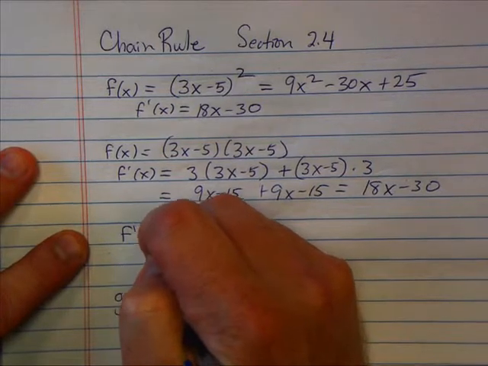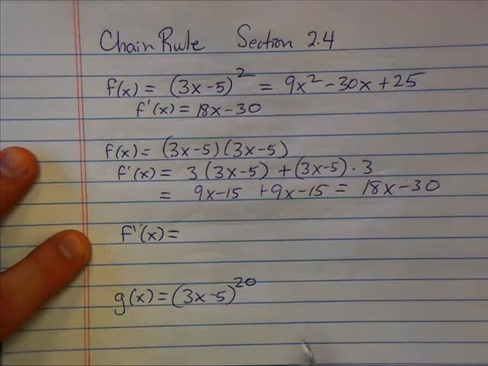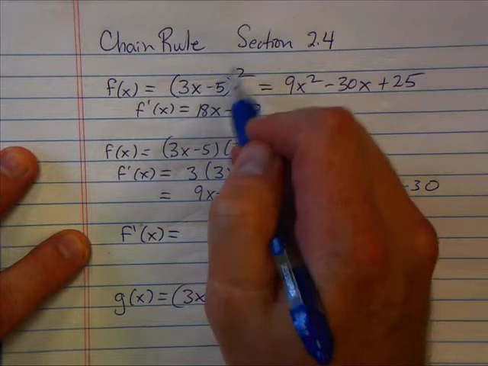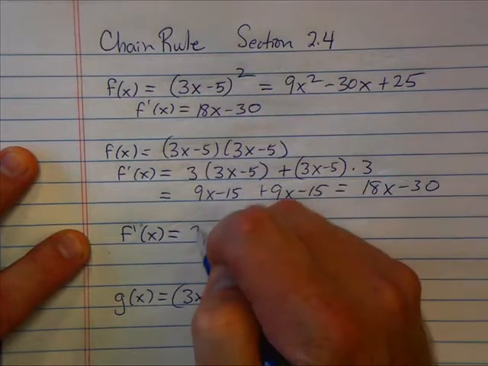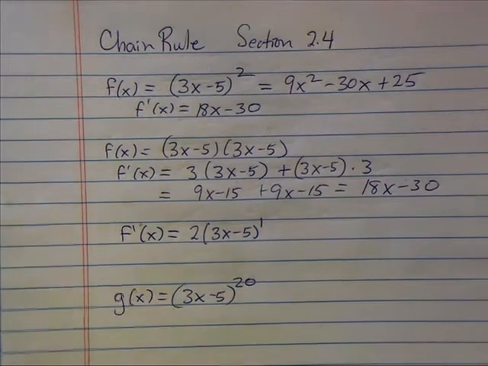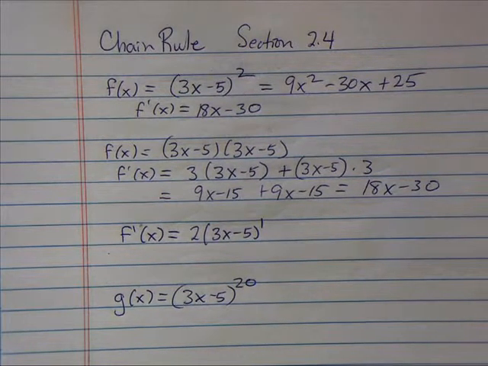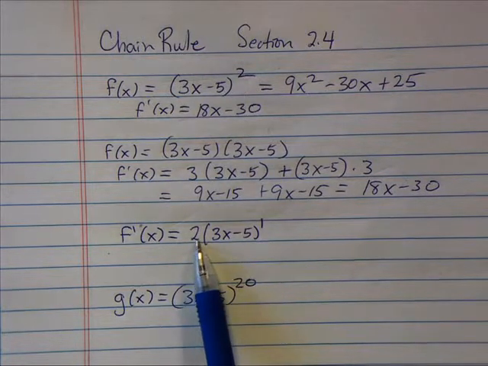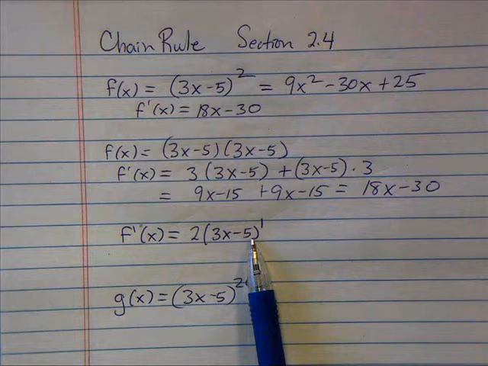What you're very tempted to do when you take the derivative is take this exponent and bring it down front and subtract 1 from your power. You're very tempted to use the power rule. Unfortunately, that's not the right answer though, is it? Because that would only be 6x minus 10.